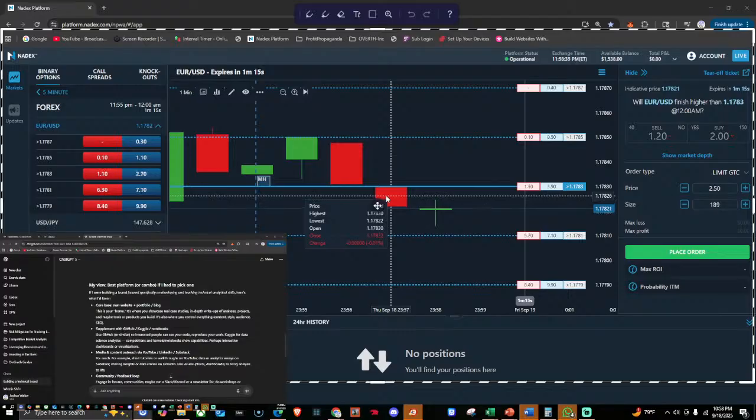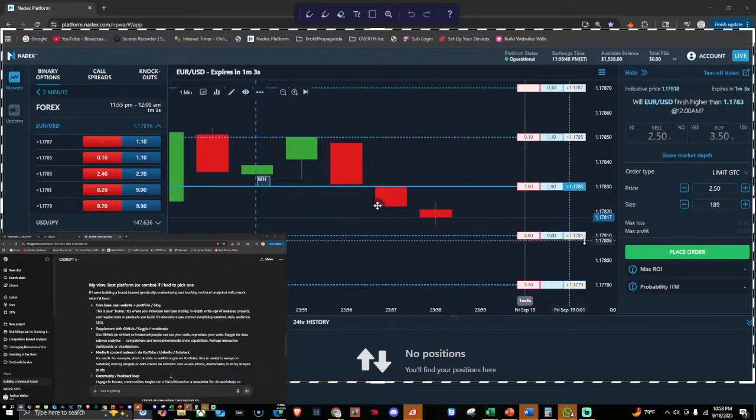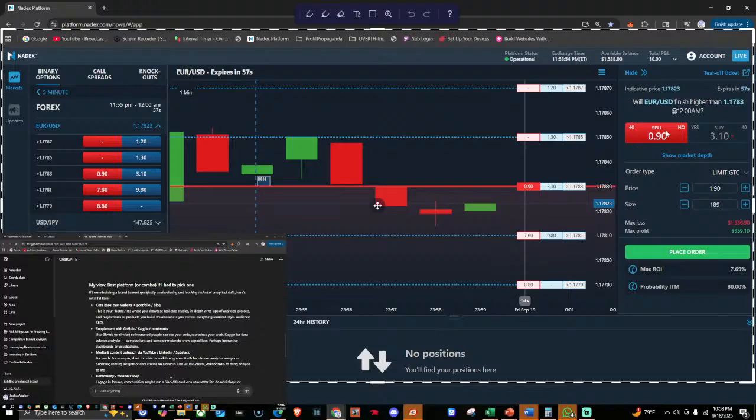Doesn't have conviction in the exact point where it's at. Nothing for us to really do because it's out of range for the sell and it's out of range for the buy.